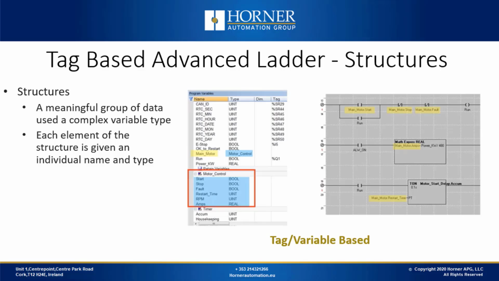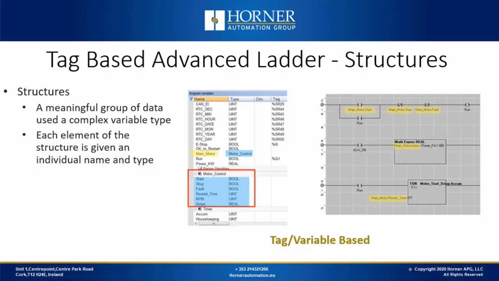This is reflected on the graphic on the right. If we look at the first rung, you can see 3 highlighted elements: main_motor.start, main_motor.stop, and main_motor.fault. In the second rung, you can see that we're doing a calculation, calculating main_motor.amps, which is the real value. The bottom rung is showing one of the unsigned integers, main_motor.restart.